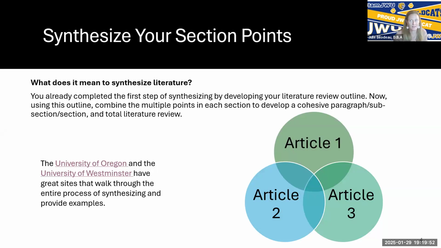If you remember, I think it's in the directions for the week 3 outline where I said, in the annotated bibliography assignment, you were looking at each article separately. And in week 3, when you brought them together to outline, you were looking at them holistically. Now your 6 or however many articles you have are a package. And that package is going to help you create your cohesive review.